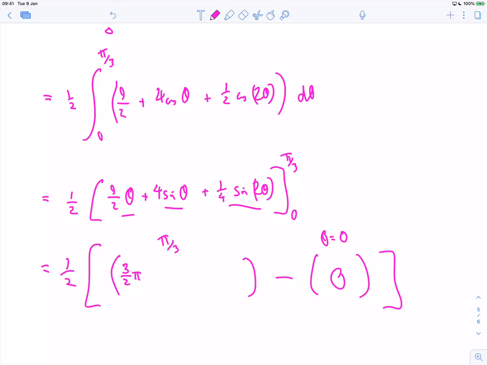Sine of pi over 3 is root 3 over 2, I believe. Just checking, don't want to be making mistakes at this stage. Root 3 over 2, so when I times that by 4, that's going to be plus 2 root 3. And then I've got a quarter of sine of double that, which is 2 pi over 3.